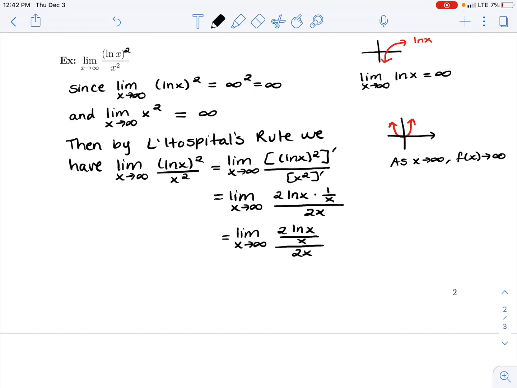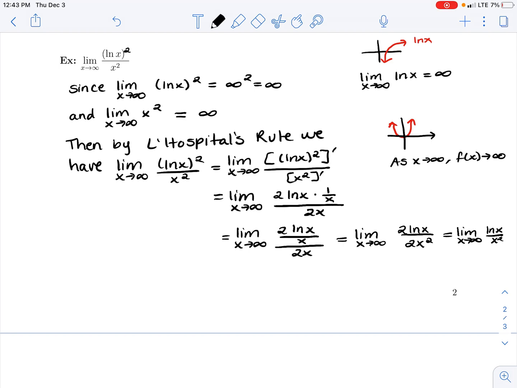Okay, and so this is equal to the limit as x approaches infinity of 2 ln x over 2x squared. And so this is just equal to the limit as x approaches infinity of ln x over x squared.